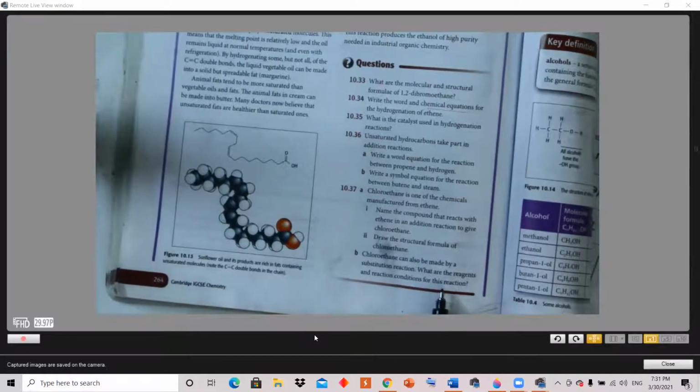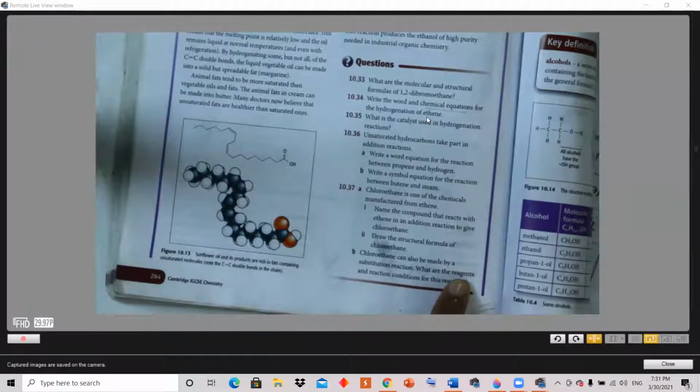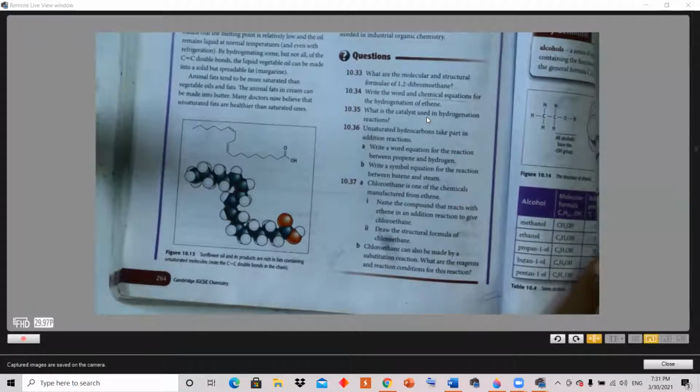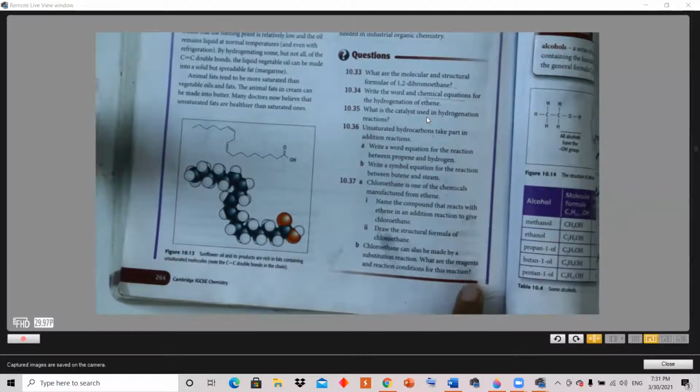What are the reagents and reaction conditions for this reaction? So what are the reagents for this substitution, photochemical reaction? Who remembers? There should be the presence of light. Very good. Yes, ultraviolet light or sunlight. And reagents: reagent means reactant, so there should be chlorine.